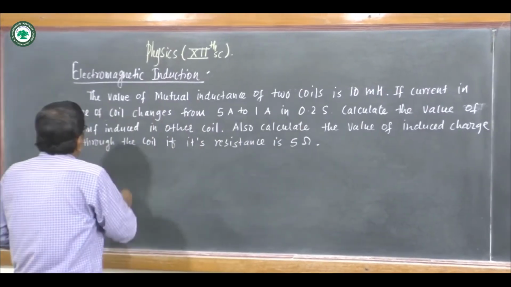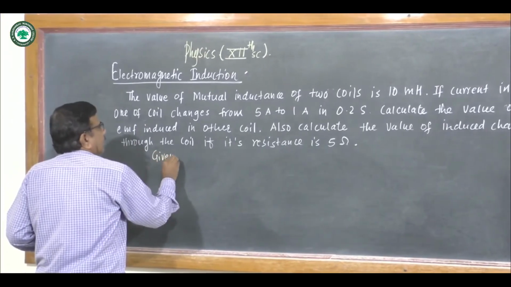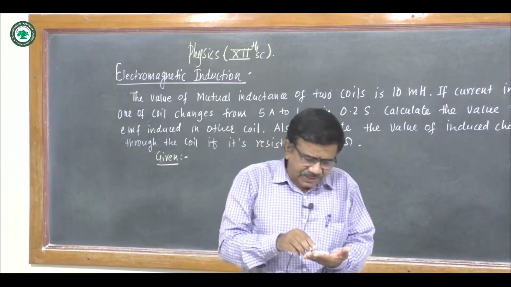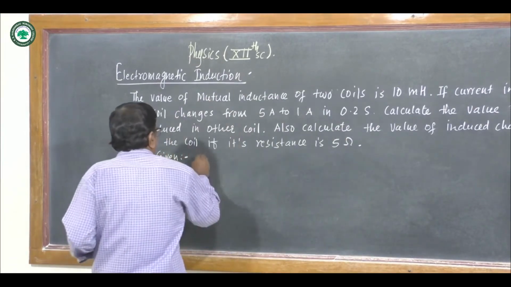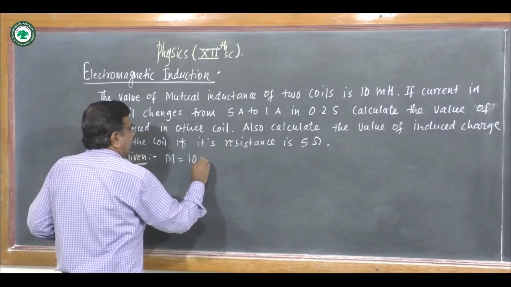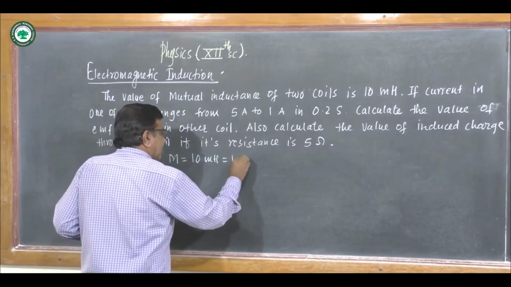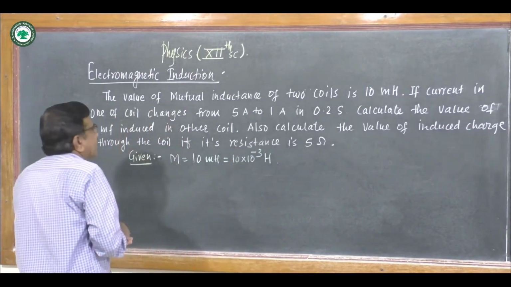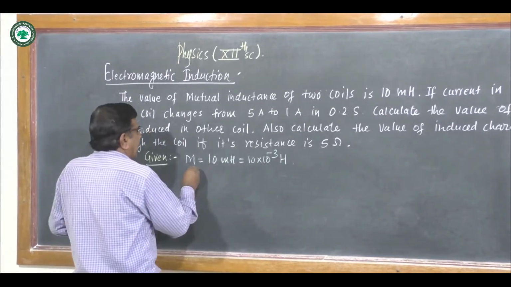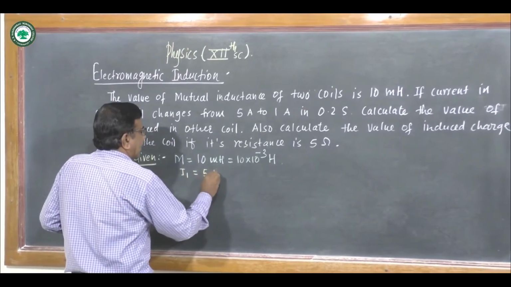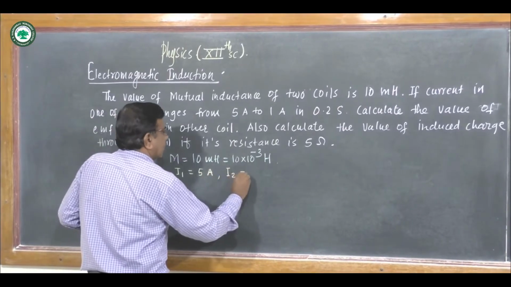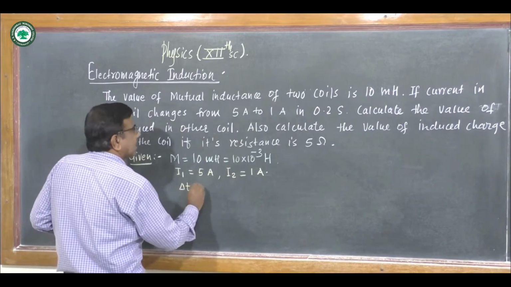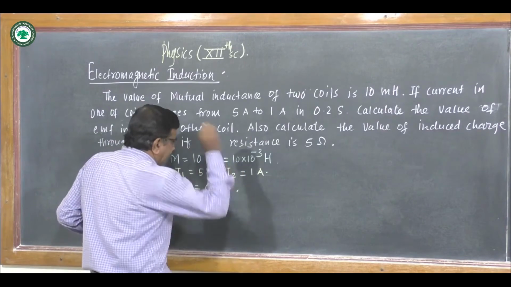Very simple problem. Firstly, see the given data. The value of mutual inductance of two coils is 10 millihenry, that is capital M, or it is 10 into 10 raised to minus 3 Henry. The current in one coil changes from 5 ampere to 1 ampere, suppose I1 is 5 ampere, I2 is 1 ampere, in time delta t, suppose 0.2 second.